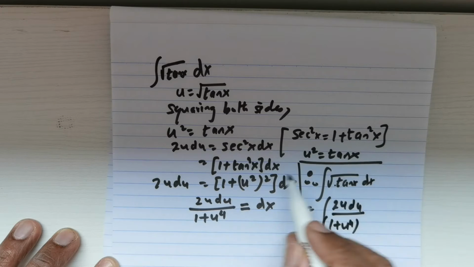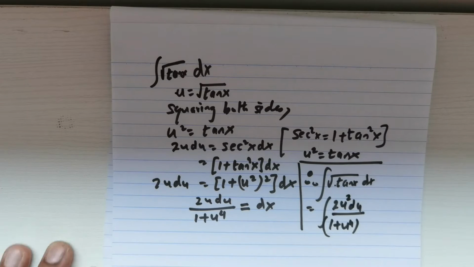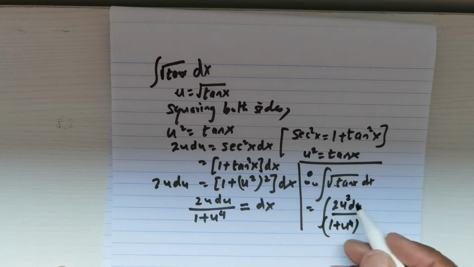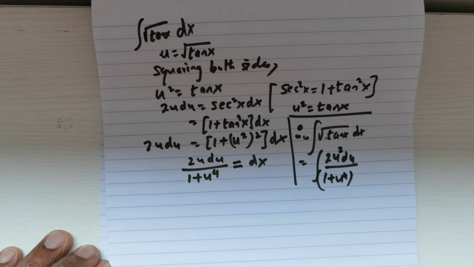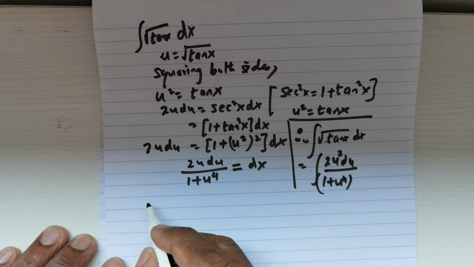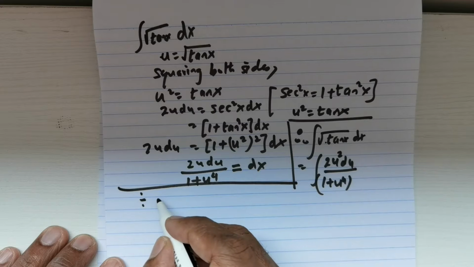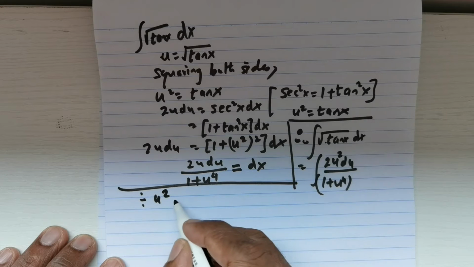But root of tan x is u, so I would now have a u squared. So I have to integrate this quantity. What I'm going to do is first divide by u squared.